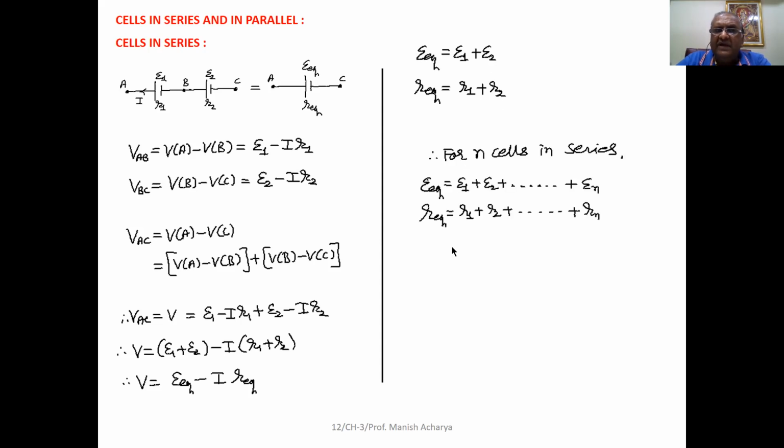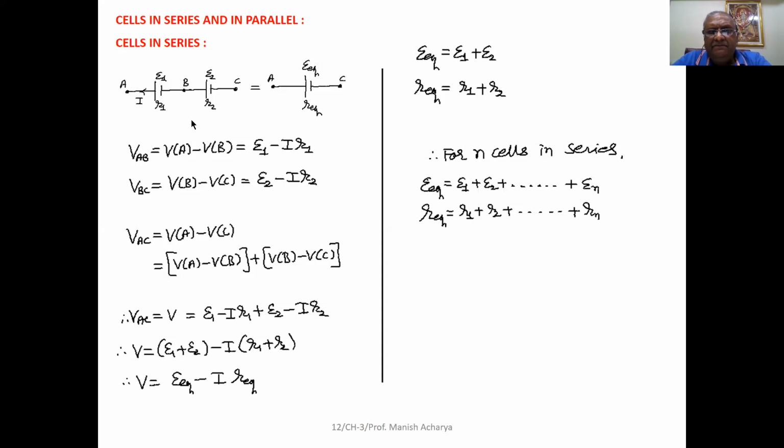So if n cells are connected in series, then the equivalent EMF of the series combination of the cells is E1 plus E2 plus E3 up to En, and R equivalent, the resultant internal resistance offered by this combination to the circuit, is R1 plus R2 plus R3 up to Rn. Clear up to this?